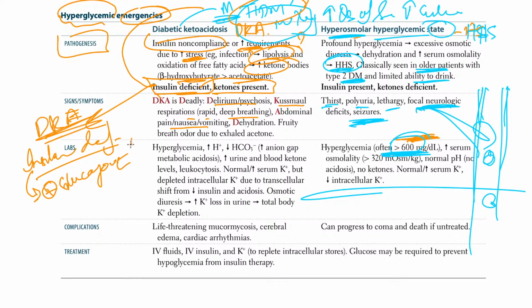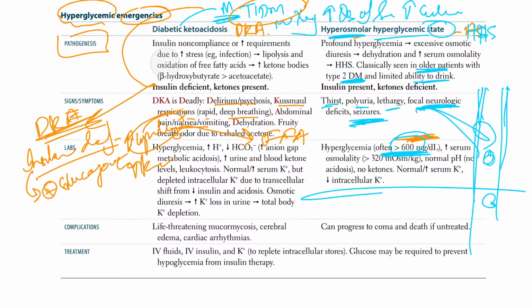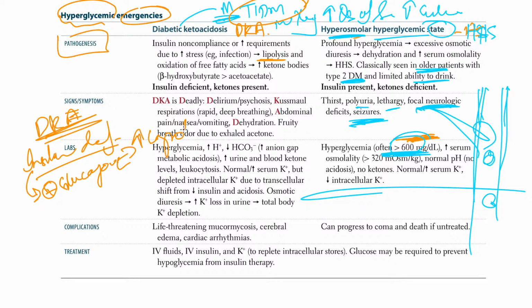So let's put it here. Increase in lipolysis, one thing, and the second thing is increase in ketogenesis. Lipolysis, as you know, releases free fatty acids. Let me erase this so it can be an easier way to understand. Increased lipolysis causes increased free fatty acids.